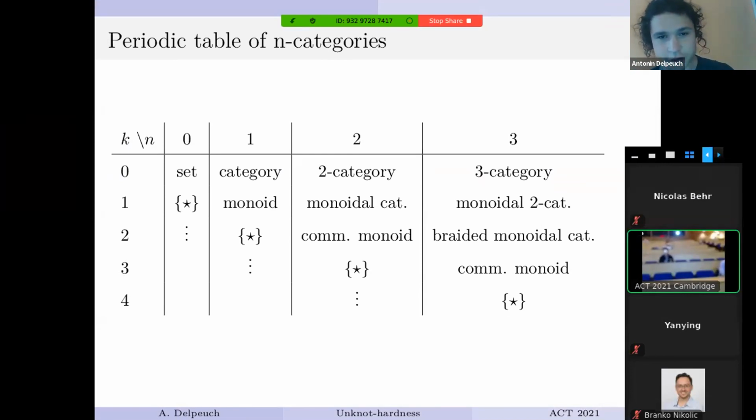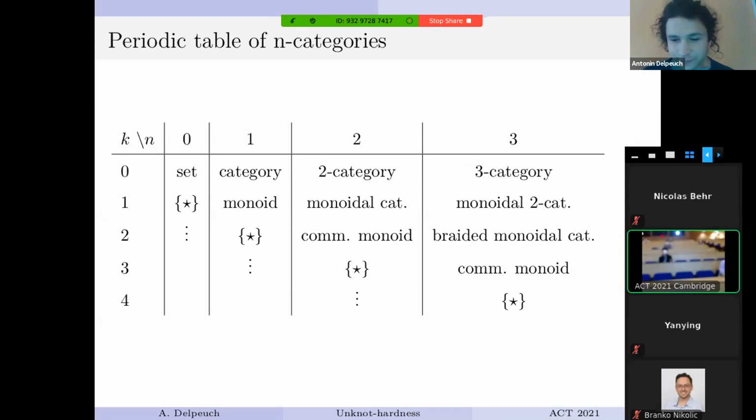I've been looking at various cells of this table that you might be familiar with. It basically shows how these notions of hierarchy simplify in low dimensions. And today I want to tell you about braided monoidal categories, which are in the third column, third row in the table. And that's where it gets really interesting, where the topology already gives you very interesting combinatorics.